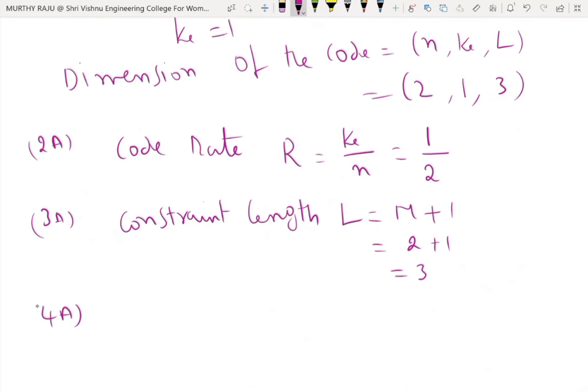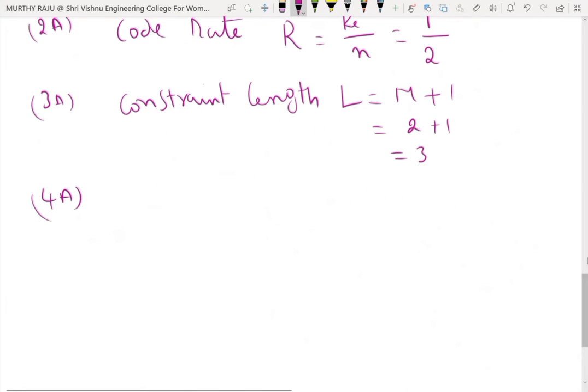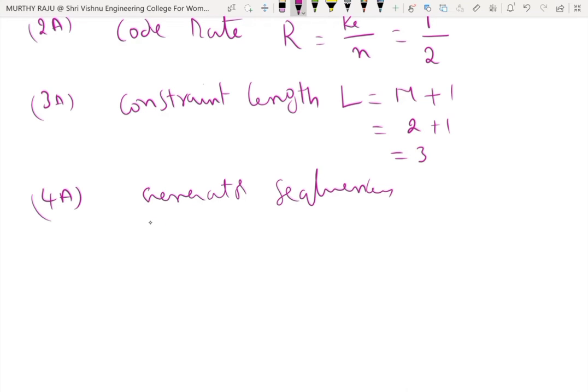Fourth one, find out the generator sequence. Here, 2 outputs are there, x1 and x2. Generator sequences are nothing but the impulse responses of the adder.